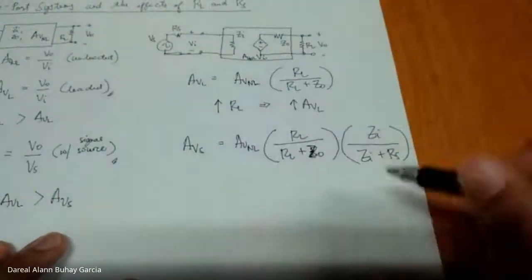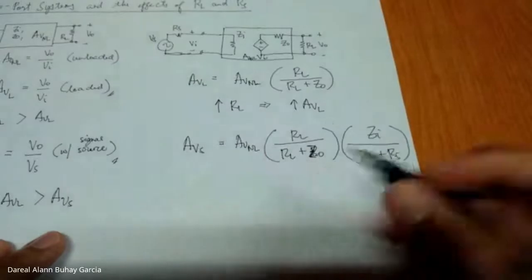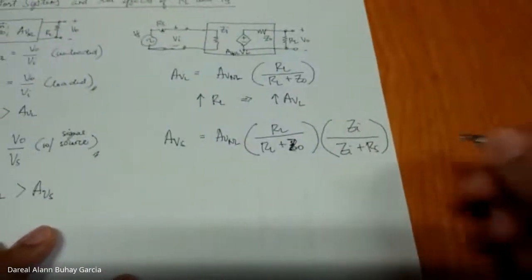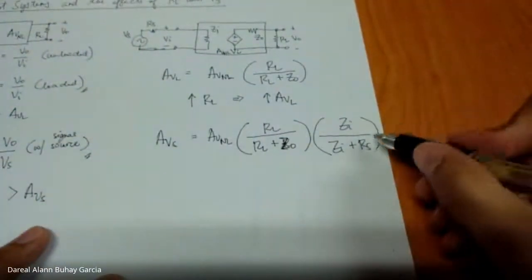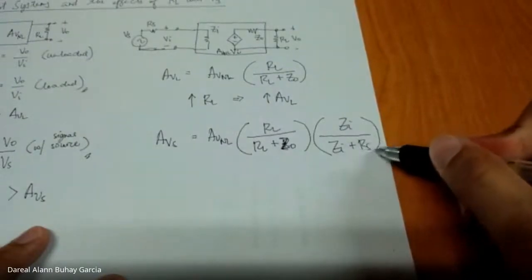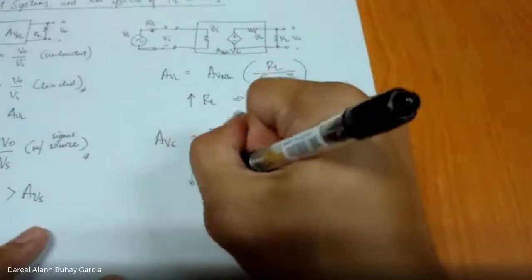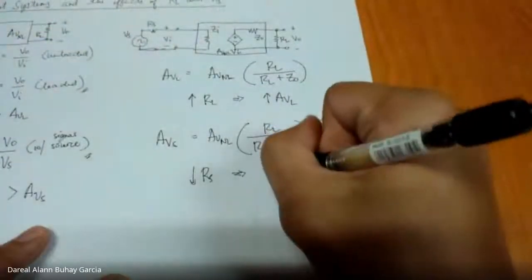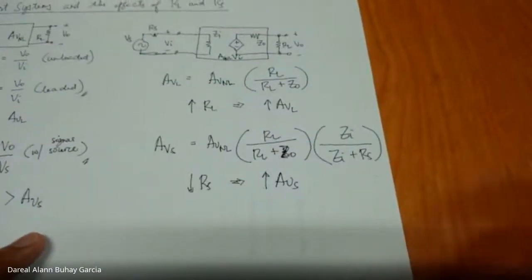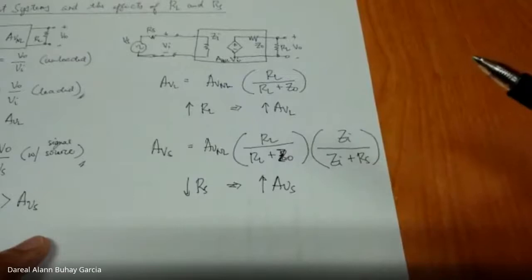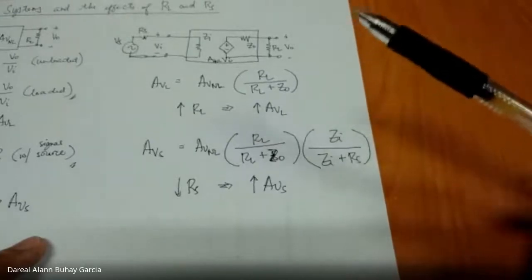So that is the formula for our voltage gain with the effect of the source RS. You can also generalize that if RS is considerably small, the smaller the value of RS, the larger the value of AVS. These are conditions that we usually cannot change, since most of the time these values are fixed.